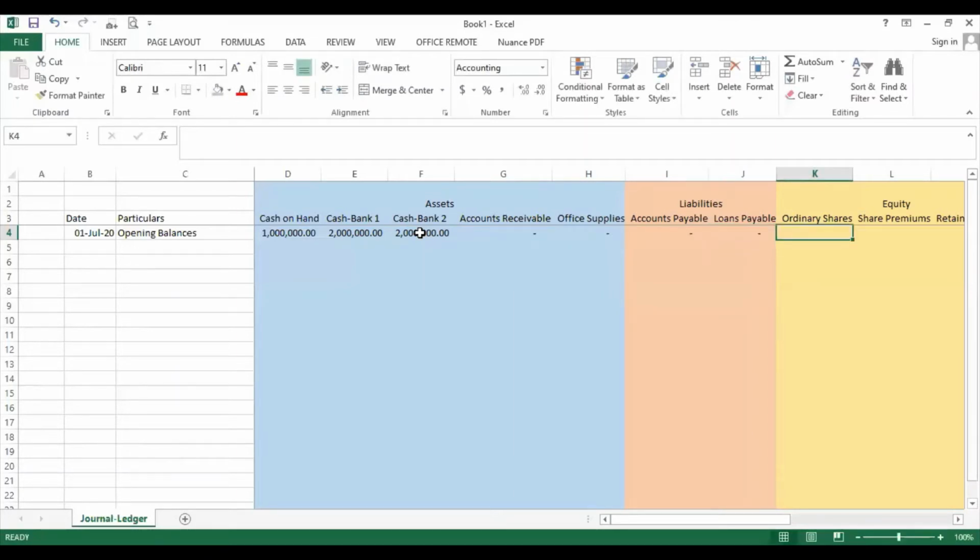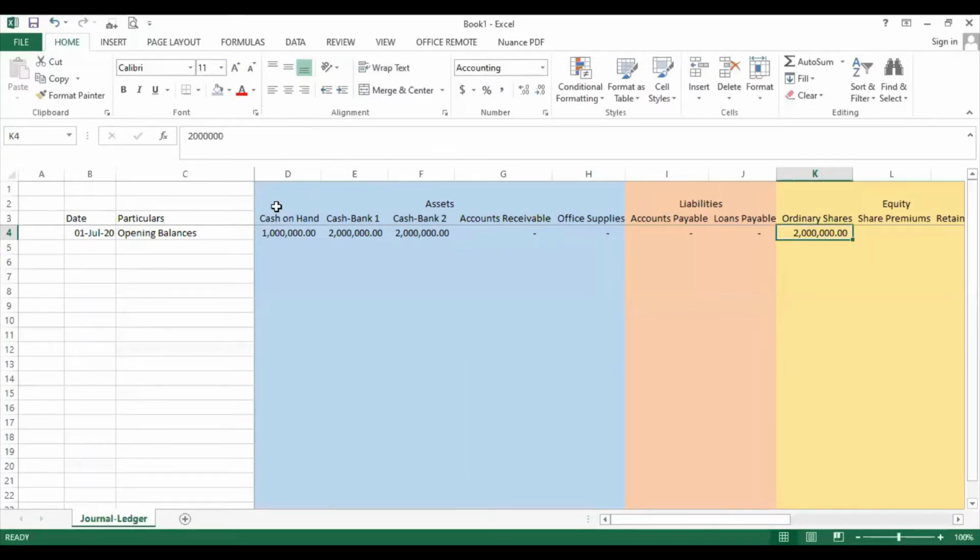So ordinary shares. Let's say to have all of these assets, the company issued 2 million ordinary shares. Let's assume it's 1 par value. So you have 2 million.